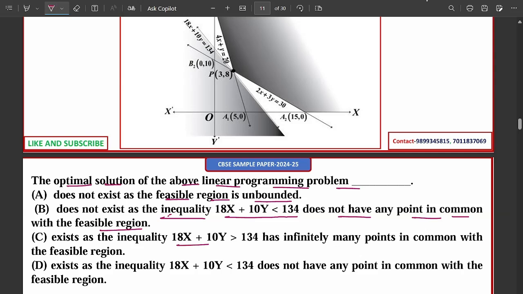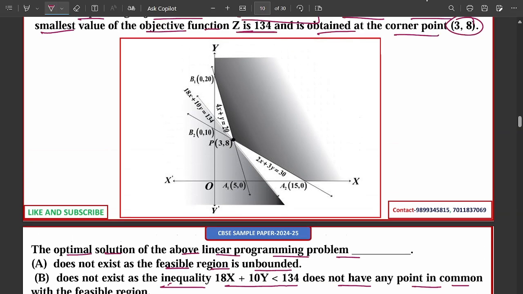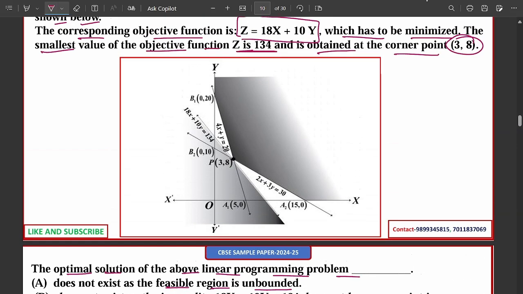So option C, this is infinitely many points and exist as the inequality this less than 134 does not have any point in common with the feasible region. So basically this is also a question of linear programming, and we talk about this coordinate 3, 8. So in this coordinate we have to check the value of this.